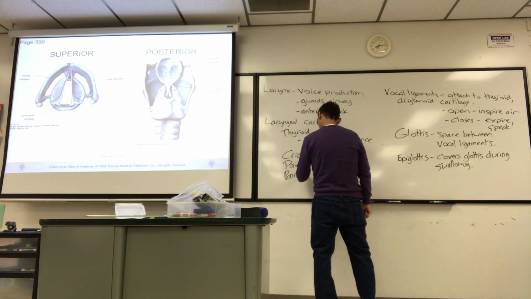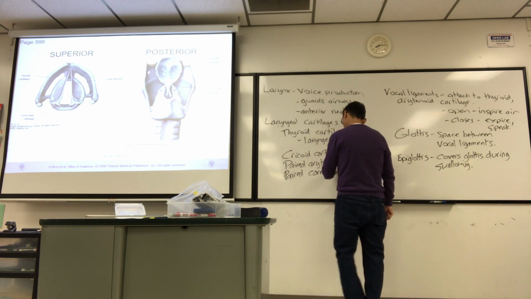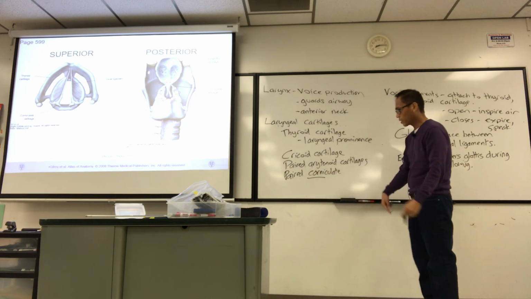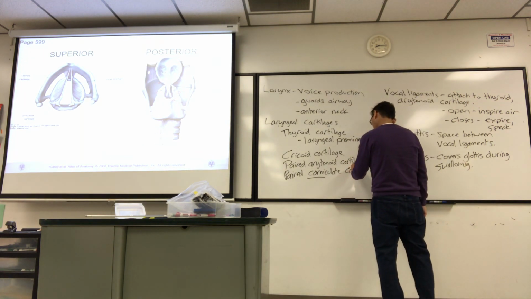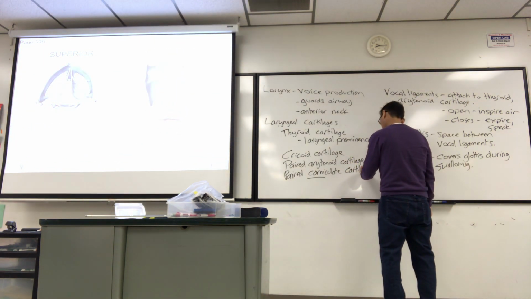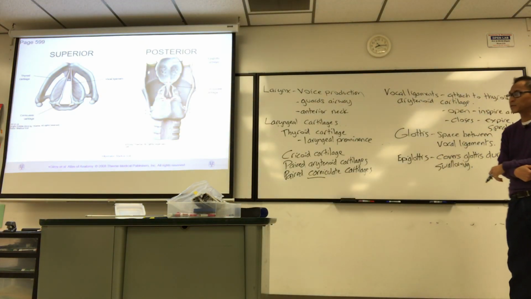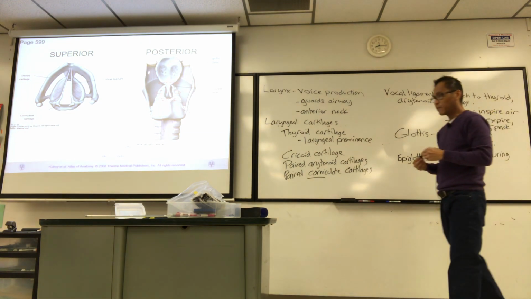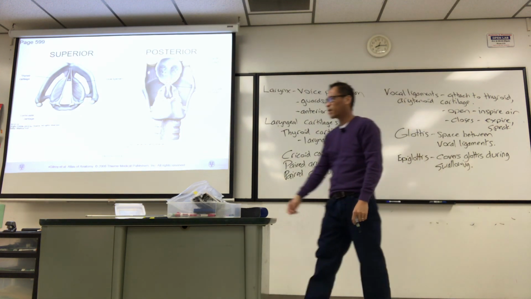Paired corniculate. Something that has that corn, that means horn-shaped, corniculate cartilages. List them next to the arytenoids because they're closely associated. They're right on top. It's like a little horn right on top of the arytenoid. Arytenoid means pitcher-shaped. I never thought it looked like a pitcher.